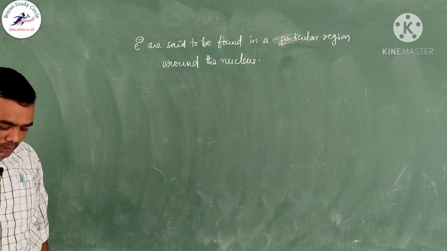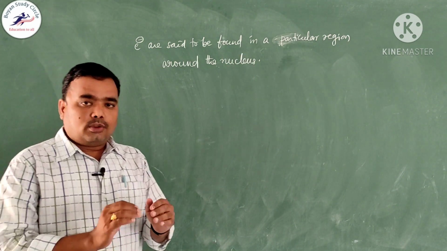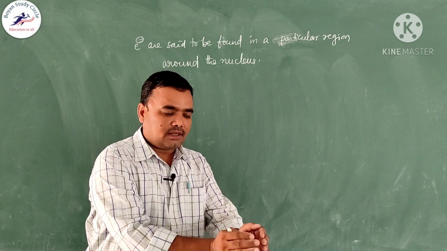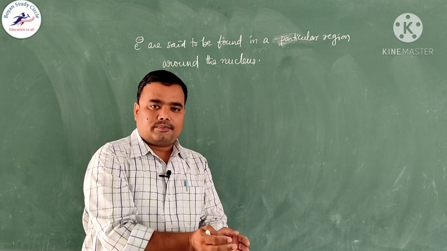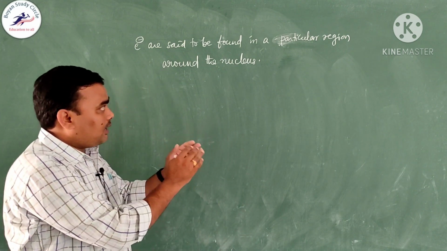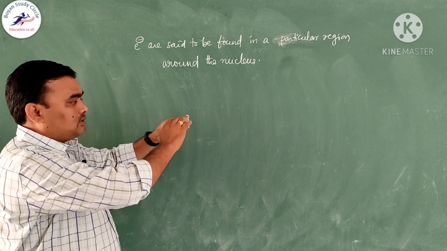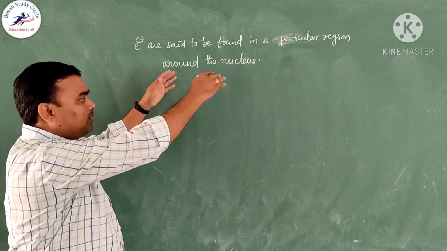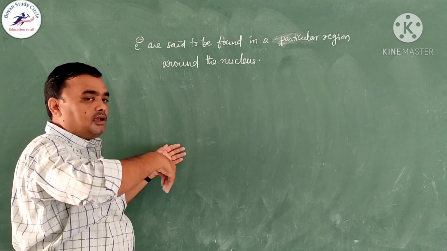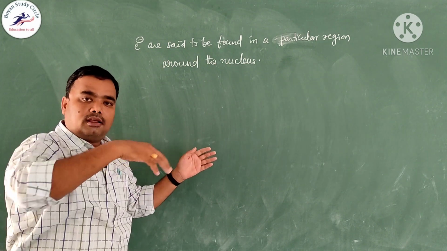So, you cannot exactly pinpoint the position of the electron in the path or in the circular orbit. You can find the space where the electron is probably found. So, there is a particular region around the nucleus where you can find the electron.